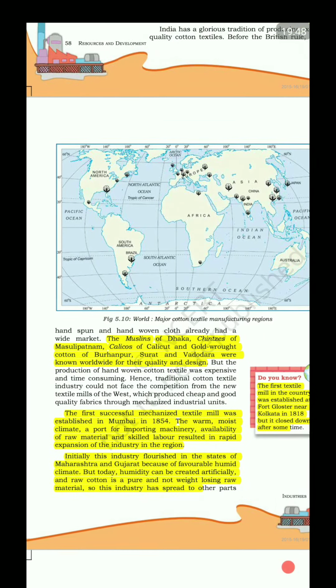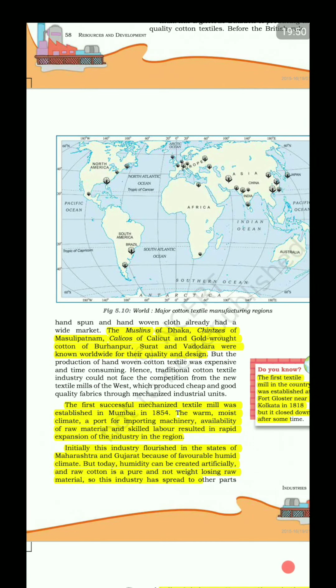So these are some of the cotton textiles. We saw how India was a very important center of cotton textiles from the ages. The muslins of Dhaka, the chintzes of Masulipatnam, the calicos of Calicut, not Kolkata, but Calicut, and the gold-wrought cotton of Burhanpur, Surat, and Vadodara, right?